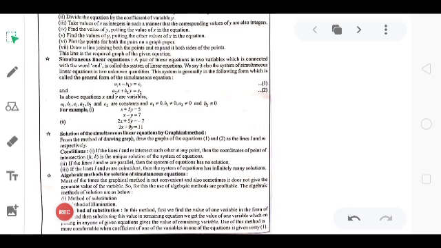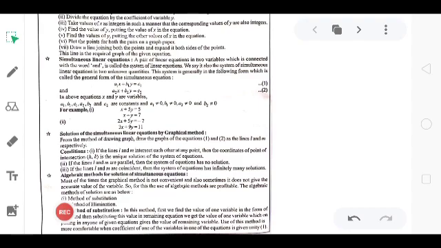So there are three conditions you can find by the graphical method. First condition, both lines intersect each other. Then the coordinates of the point of intersection are the unique solution of the system of equations. Second condition, the lines may be parallel to each other, then the system of equations has no solution.